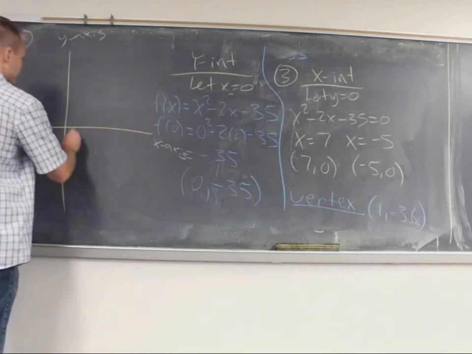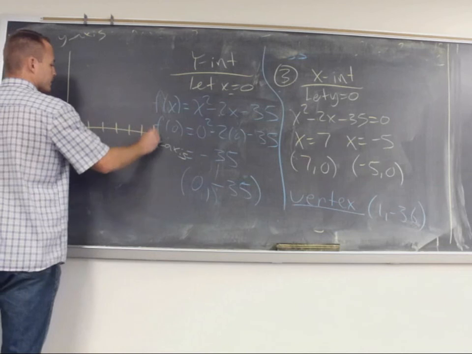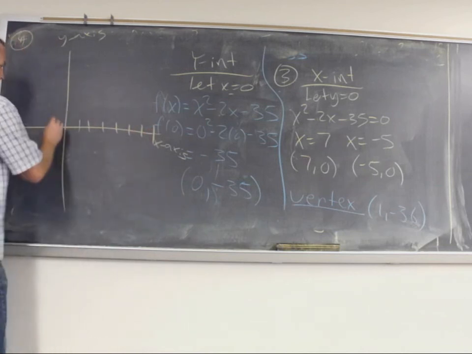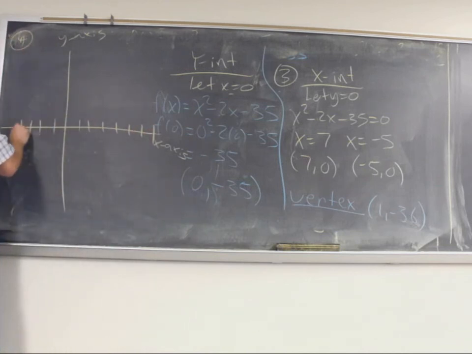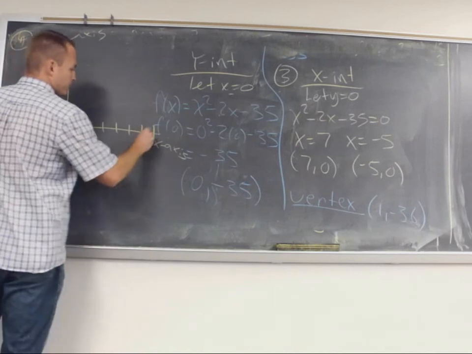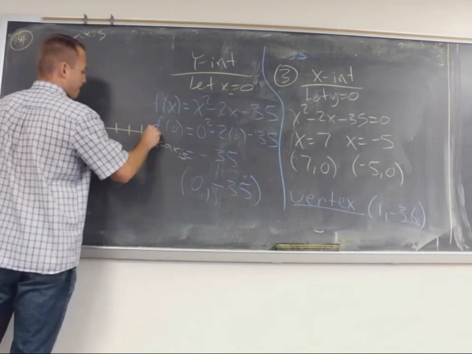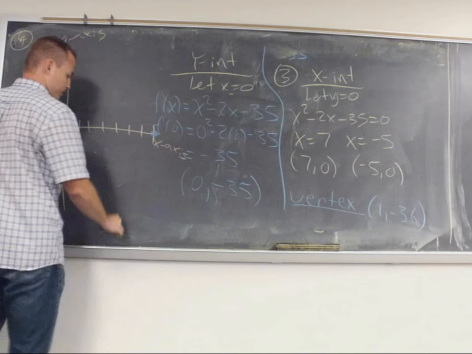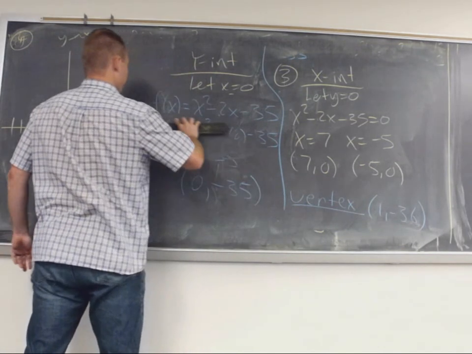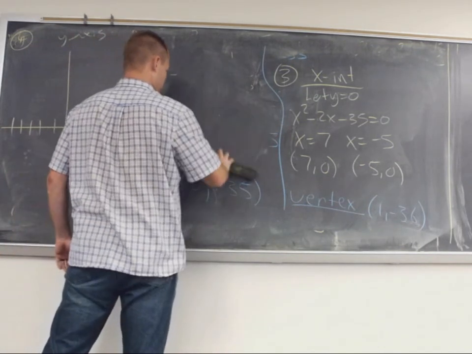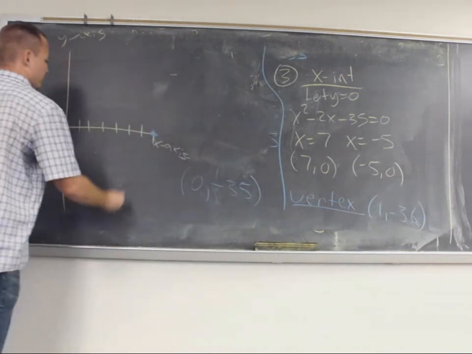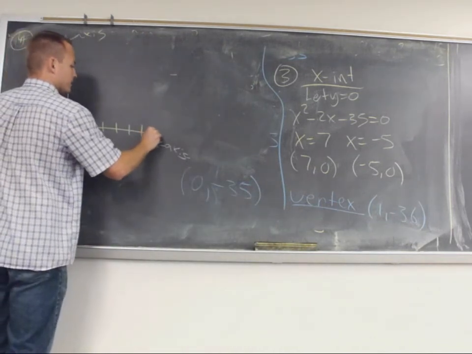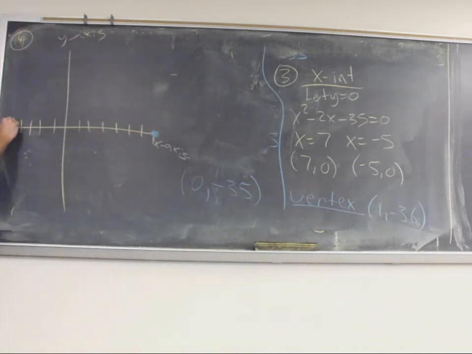So let's plot our points first, and then we'll go from there. So 7, 1, 2, 3, 4, 5, 6, 7, and negative 5, 1, 2, 3, 4, 5. So we have a point here at 7, 0 and negative 5, 0. And then our y-intercept is 0, negative 35.